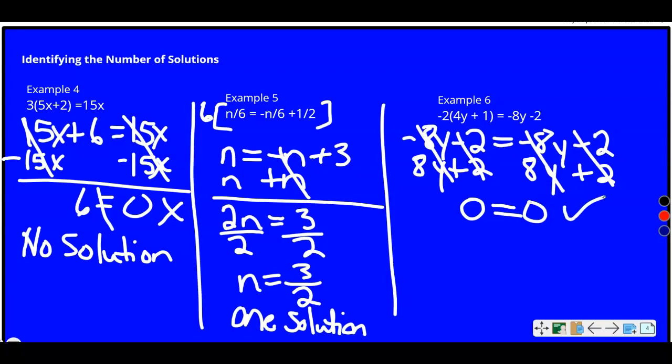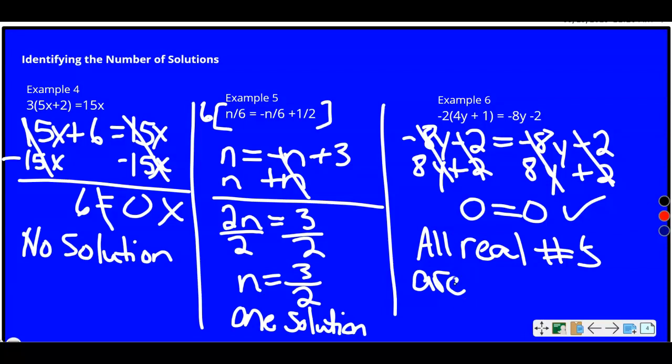Yes. So this means there are infinitely many solutions. So this one has all real numbers are solutions. Okay, so that means any number that you plug into this equation is going to make it true.